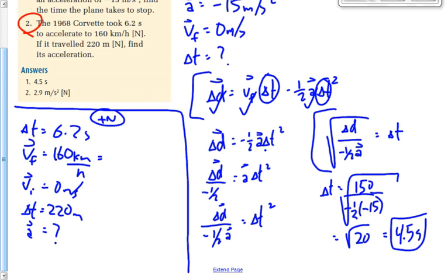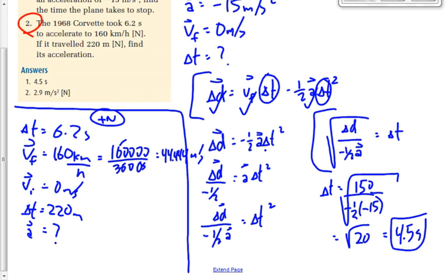Let's convert this to meters per second. That's 160,000 meters divided by 3,600 seconds. What do we get there? 160,000 divided by 3,600 seconds. We get 44.444. All right, what do you want to do here?